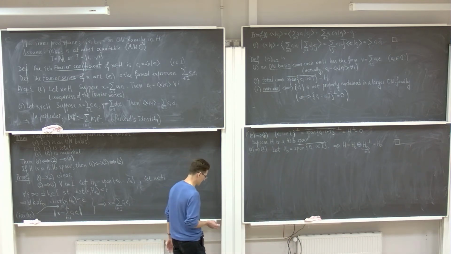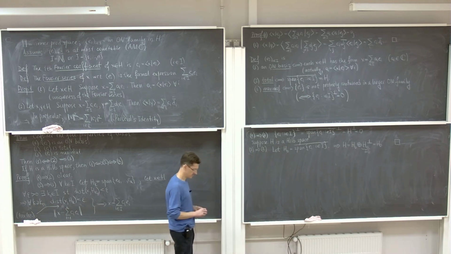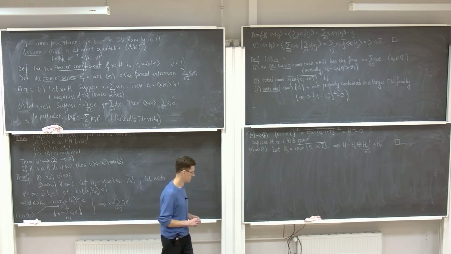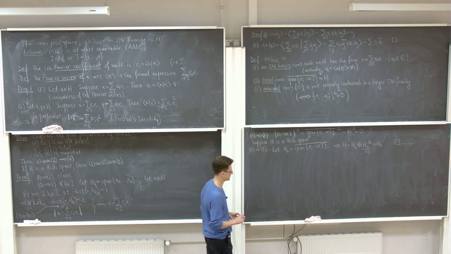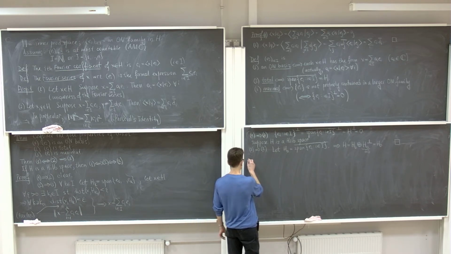Okay, now our next goal is to show that if H is separable, then we can always construct an at most countable orthonormal basis in H. And the key tool for this result is the following lemma.